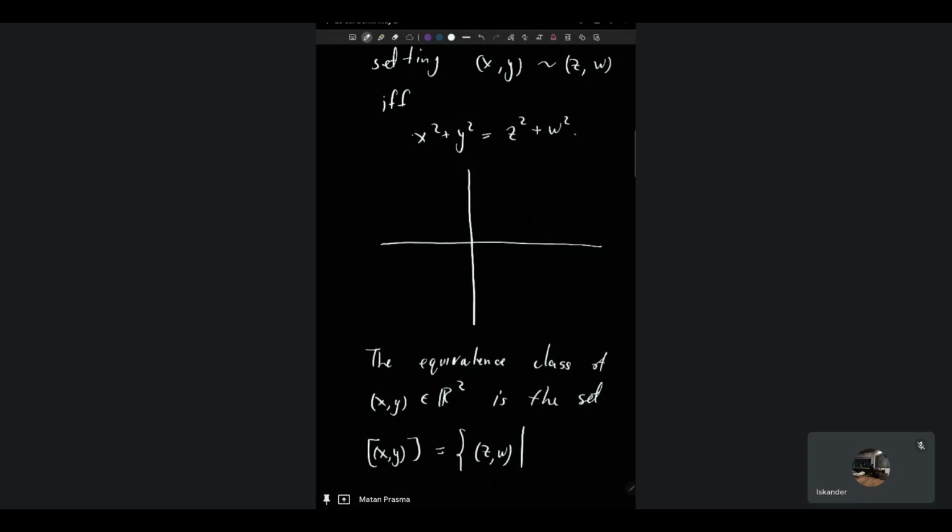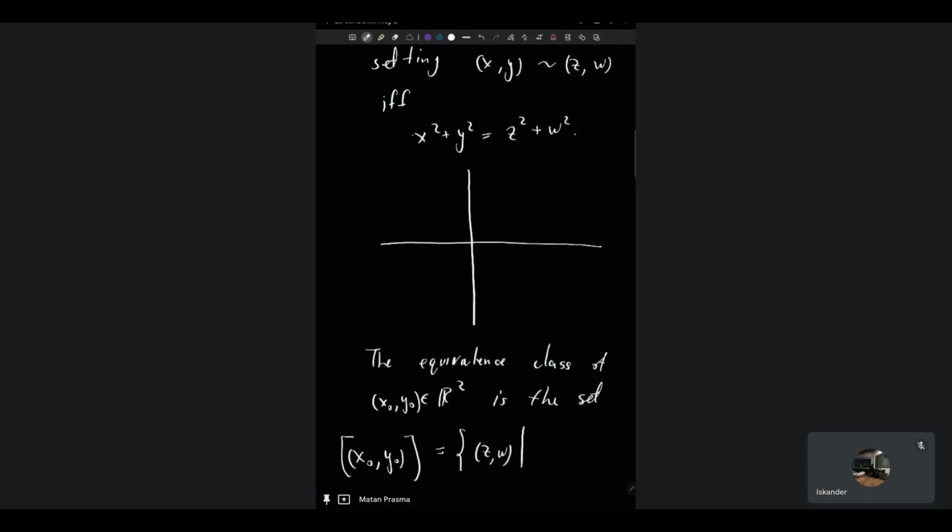So, just to stress what we fix and what we vary: suppose I take some particular point (x0, y0) and I want to identify the equivalence class of (x0, y0).